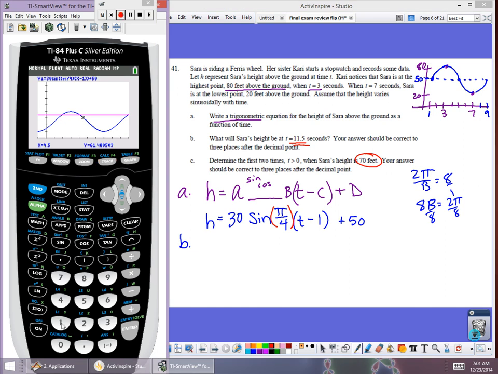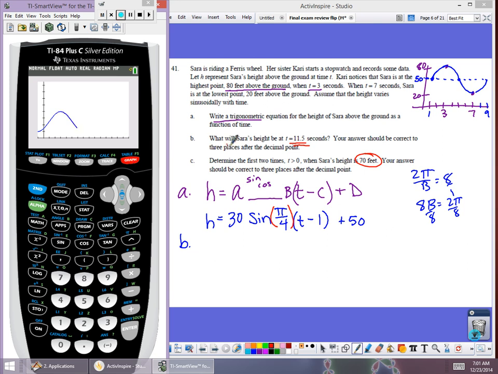If I hit trace 11.5, it's going to say error. Well, okay, I didn't really make an error except that it can't see this point that I'm asking for. Okay, so I want to go to my window and change that max to maybe 15. And then I will be able to see it.